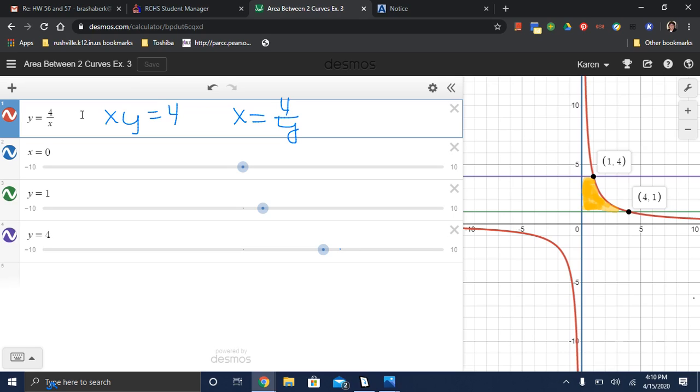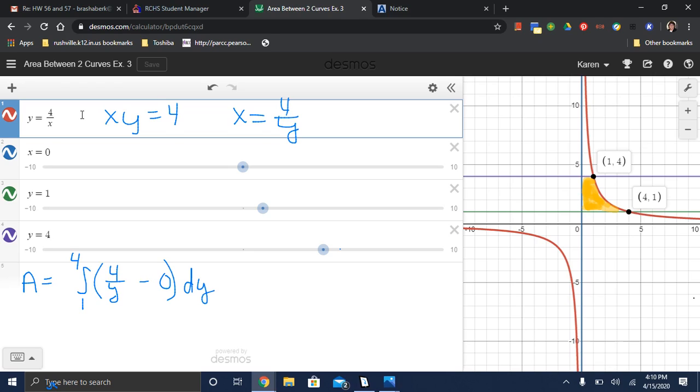So again, we're going to do our area, and we will be integrating using the y values from 1 to 4, and we will do the right curve, which is 4 over y, minus the left one, which is the y-axis, or 0.